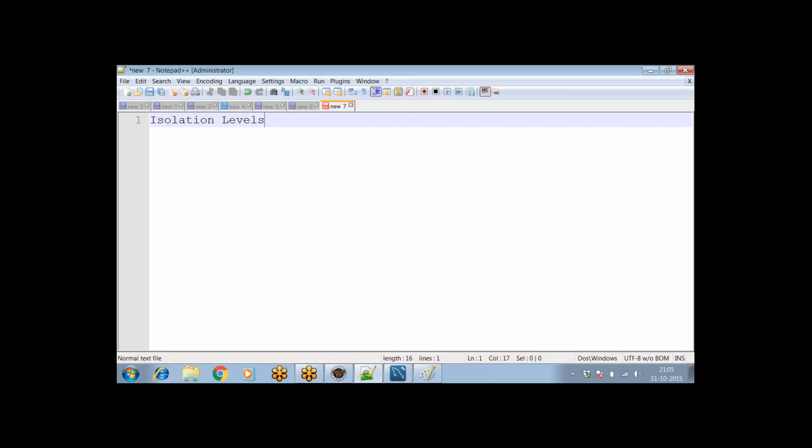So what are these isolation levels? These are the recommended levels. Basically, the isolation levels can be configured on the database side. We have different types of isolation levels which we can configure.